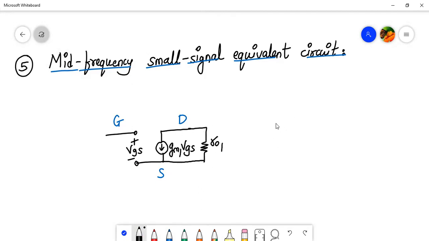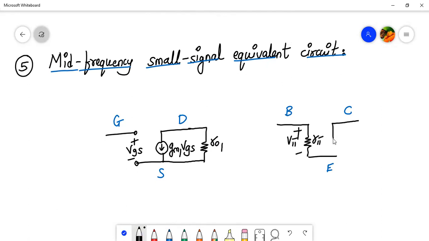Now for the BJT, we have base, collector, and emitter terminals. Between base and emitter, we have R pi, and the voltage across this is V pi.